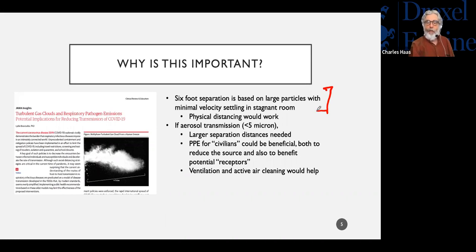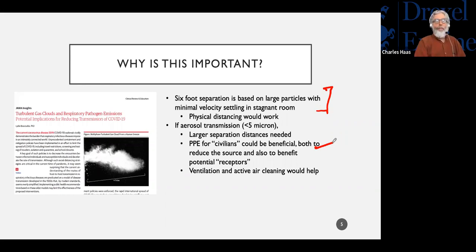On the other hand, if small particle aerosol transmission was an issue, we would need larger separation distances. Personal protective equipment, such as masks, could be beneficial, both to reduce the source and also to benefit potential receptors. And ventilation and active air cleaning would help.